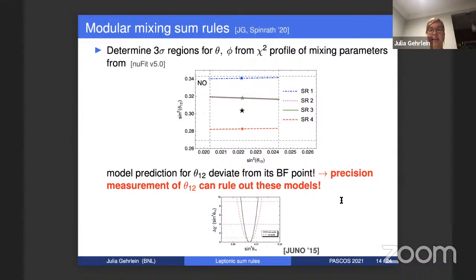And in fact, the upcoming reactor long baseline experiment, JUNO, will measure θ12 with a very good precision, as shown here in this lower plot, which means that JUNO in the future will be able to thoroughly test these models and potentially rule out many of them.